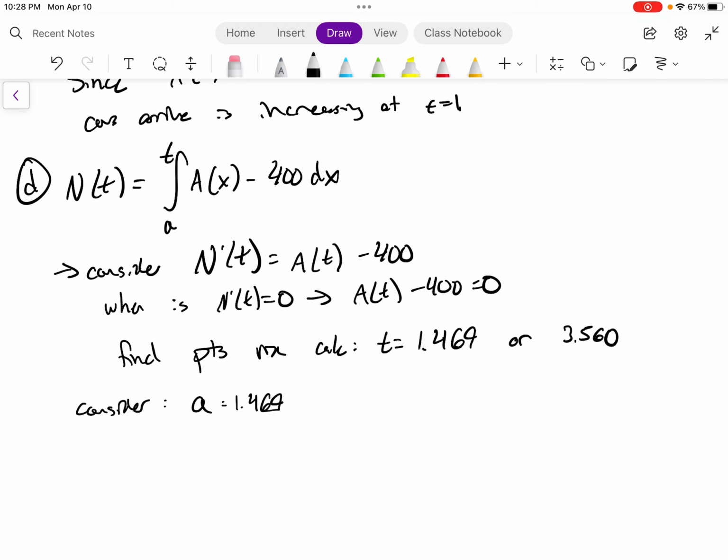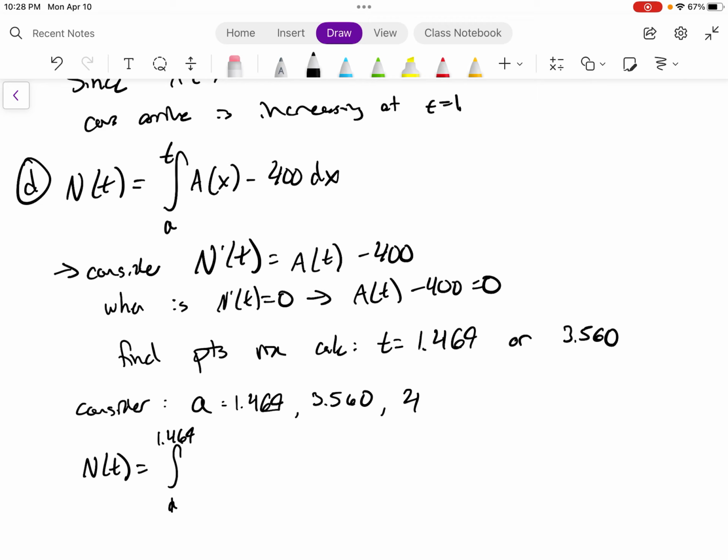That's when the cars first start to form a line. We need to consider 3.560, and we need to consider the end, 4. Maybe that's when the most cars are in the line. So we would simply want to evaluate this guy from A to these other numbers. We'll do this guy first.